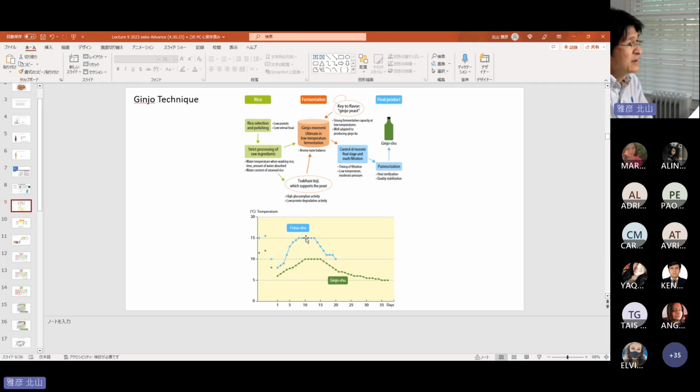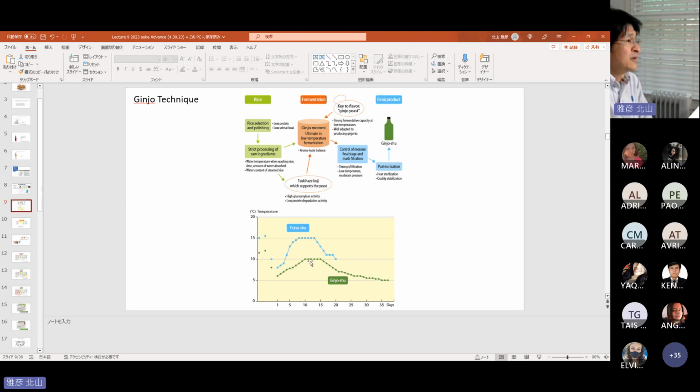Based on the procedure to make futsushu, yeast will not make much fruity or floral aroma like ginjo aroma. But this sake has more impression of cereal or fungi. So this sake has the taste of traditional sake.